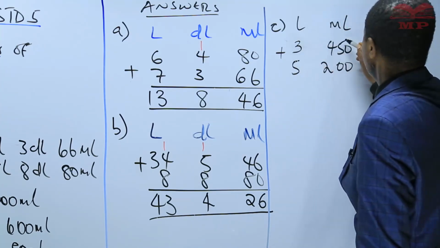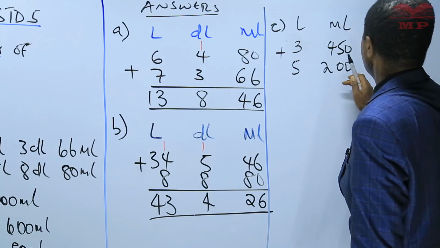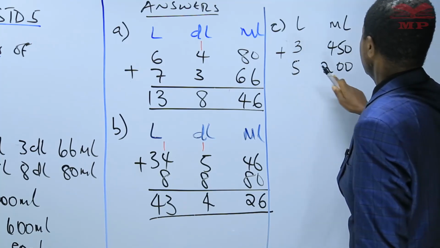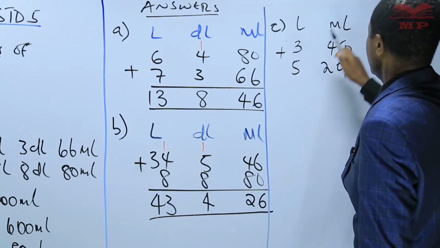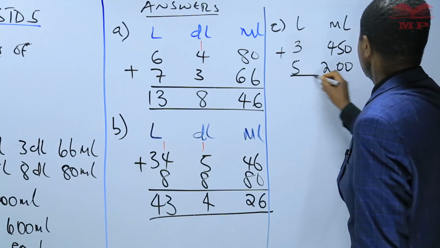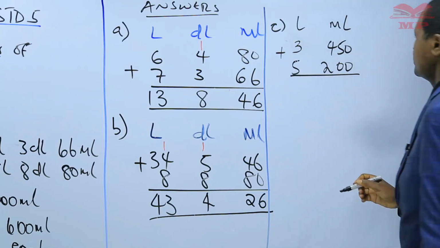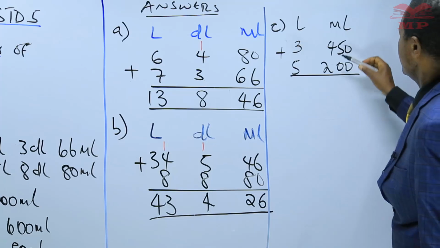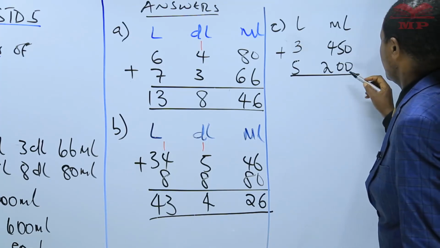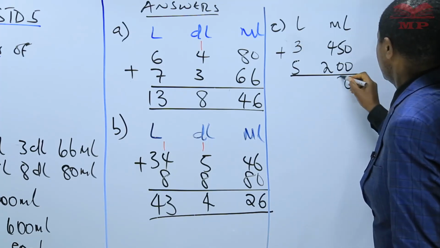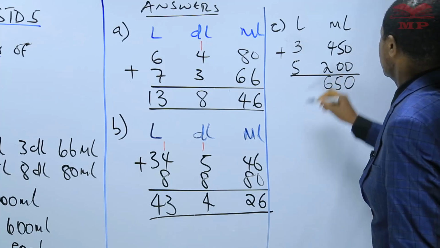3 liters and 450 milliliters plus 5 liters and 200 milliliters. This one was simple. So we add 450 plus 200. I'm getting 0, 5, 6.